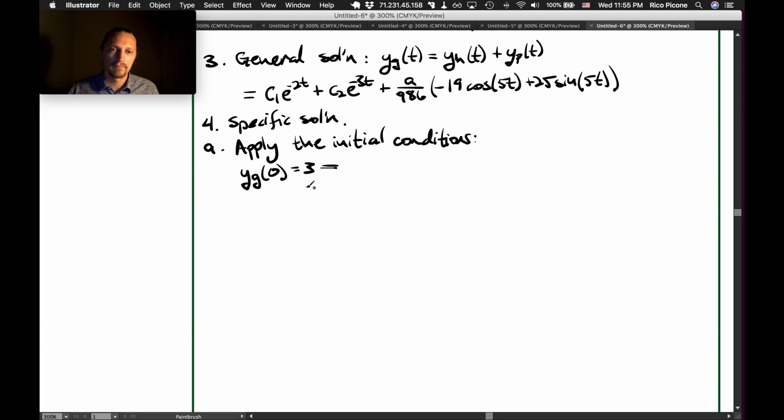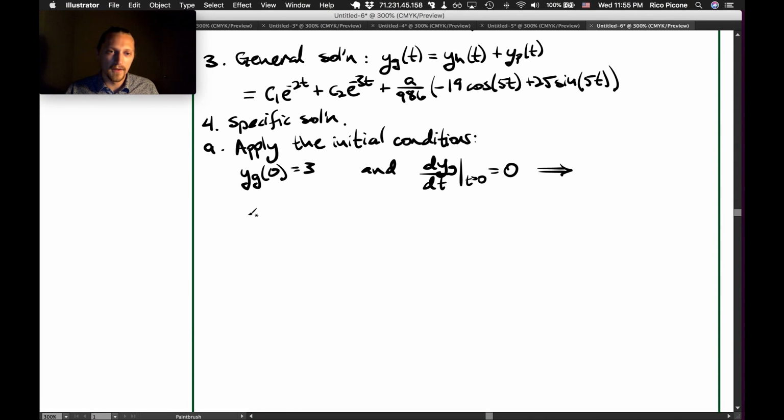The other initial condition, of course, is dyg dt at time equals 0 equals 0. So those are the two equations that we're going to write now. So the first one is just exactly this with time equals 0 plugged in, right?